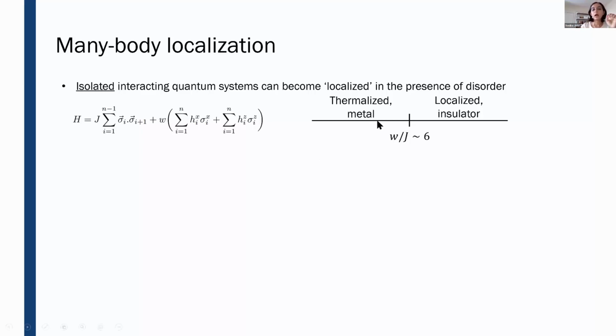However, if you add disorder into the system, say a lot of impurities, your system will have a phase transition into becoming an insulator, or in this case, what is called localized. So if you store any information in the system at time t equal to 0, even if you wait for a very long time, you can still recover some part of that information.